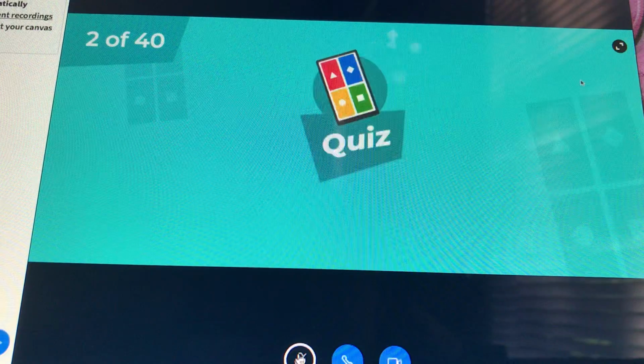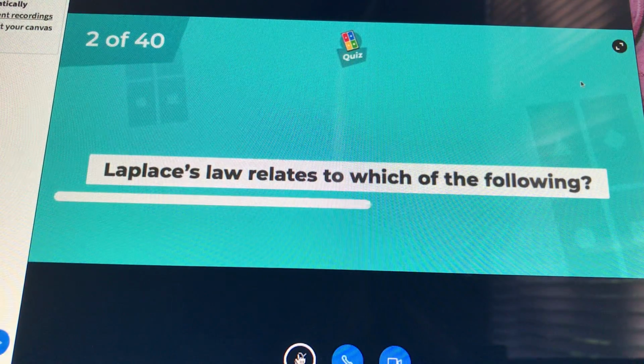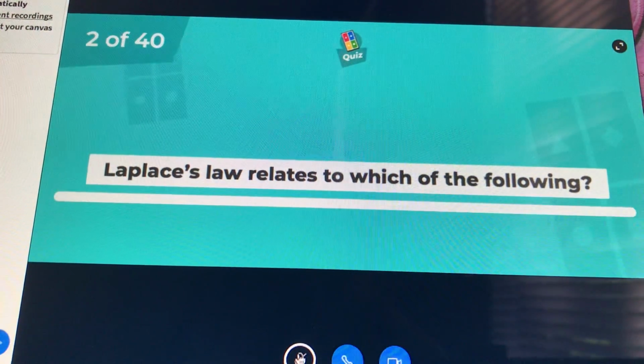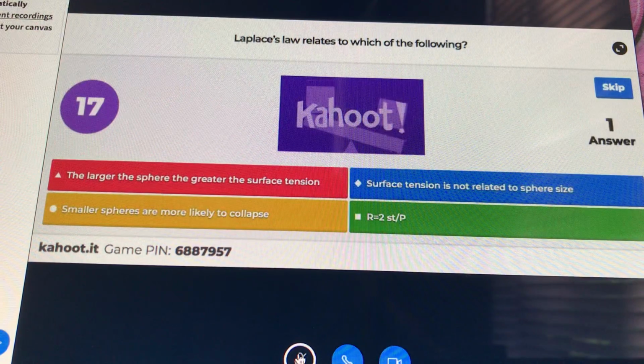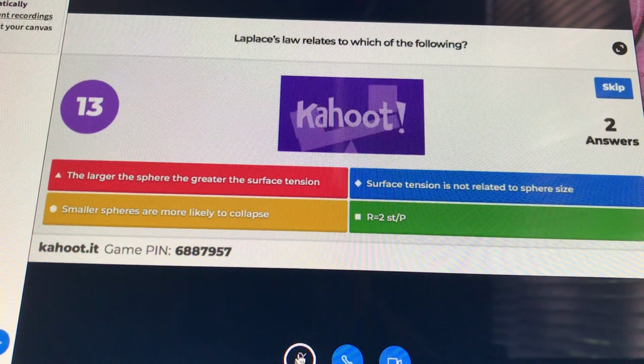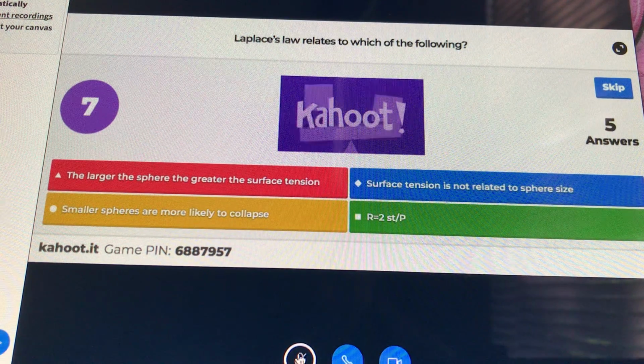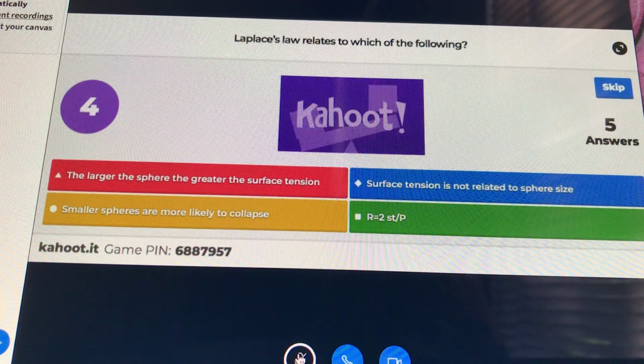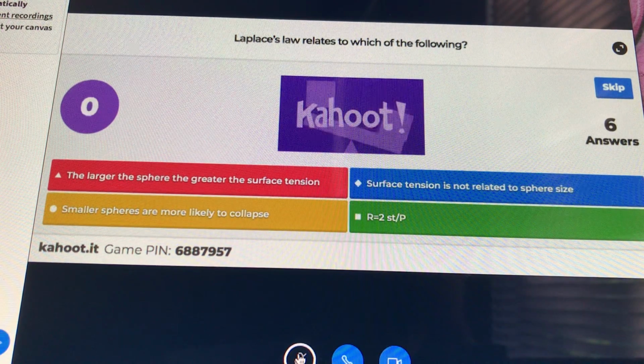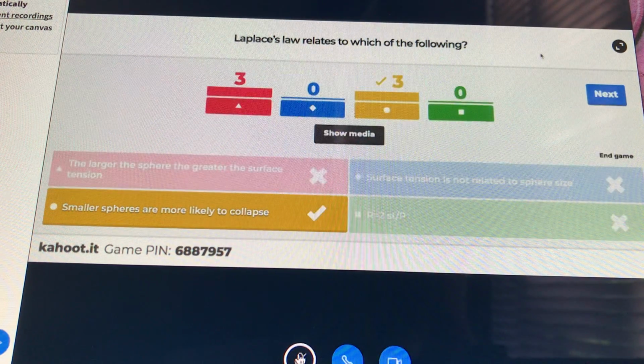Good job, Flo, taking the lead early. Laplace's law relates to which of the following? Good. So smaller spheres are more likely to collapse.